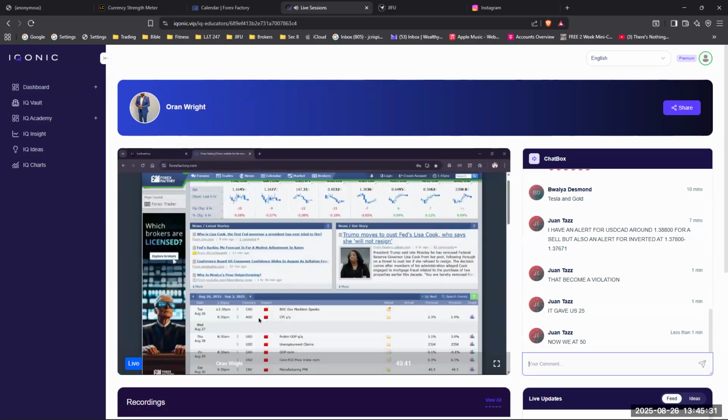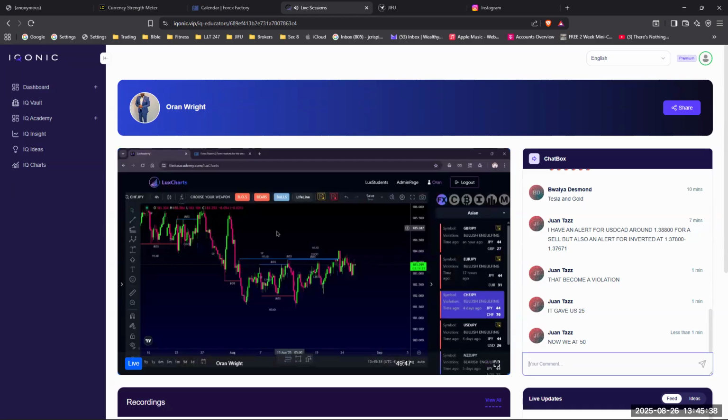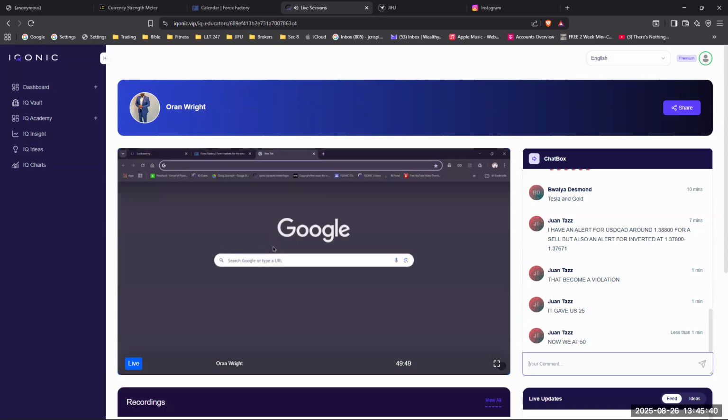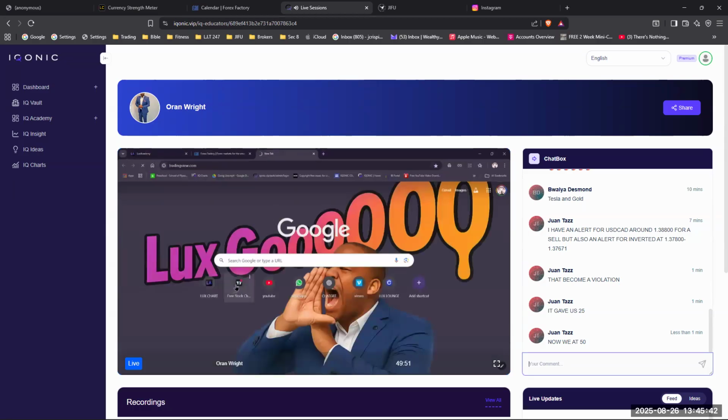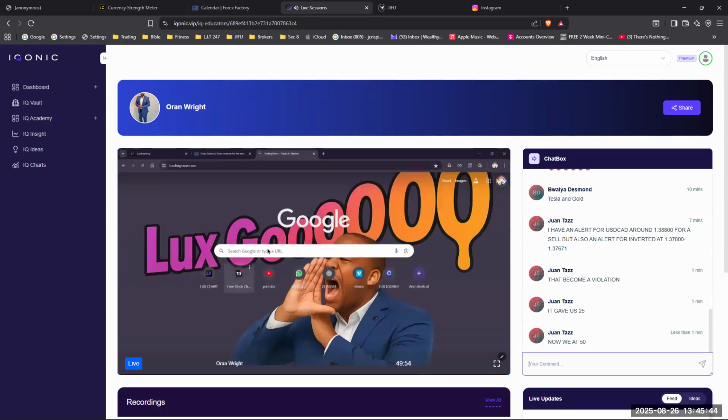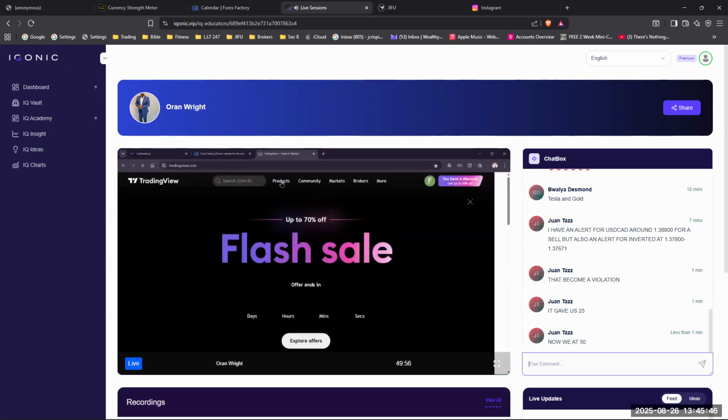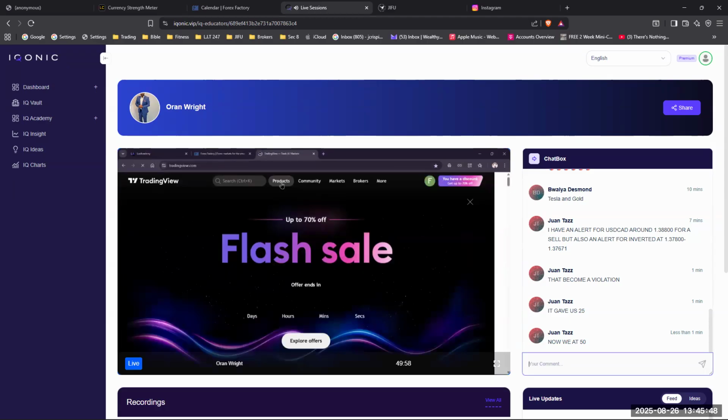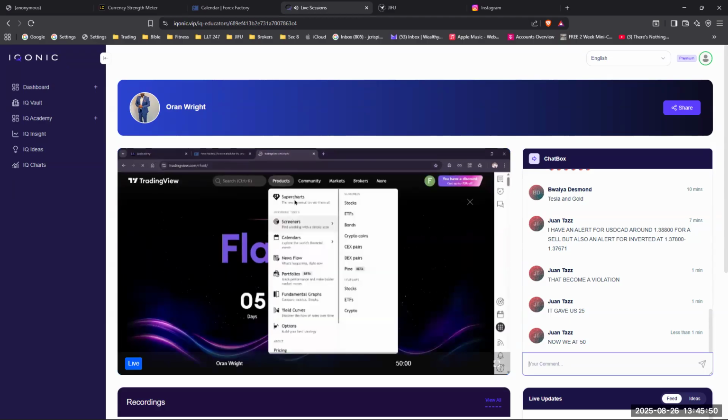Here's why. If I know that Aussie is having news tonight, I can go back over to my chart, and now I want to look at the Aussie index by itself. So I'm going to look up the Australian dollar index by itself, which is the AXY.